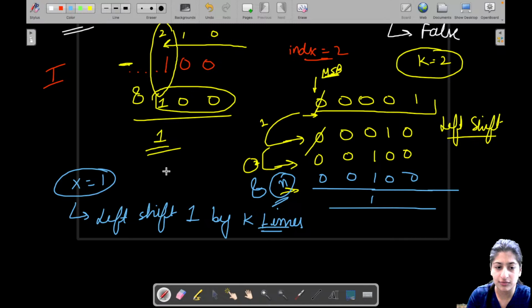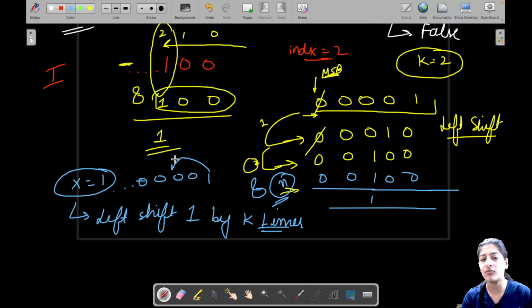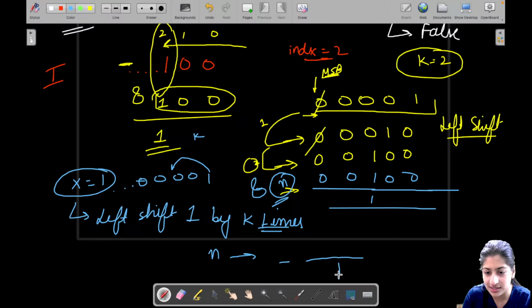Because 1 can be represented as 0, 0, 0, 1, no matter how many times you write 0. So if I get this 1 somehow at kth index, whatever my actual number will be, its kth position can be either 0 or it can be 1.